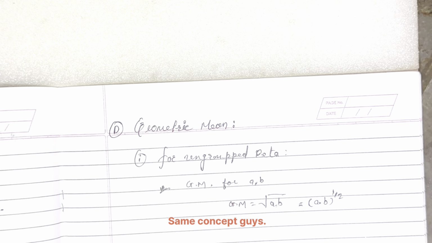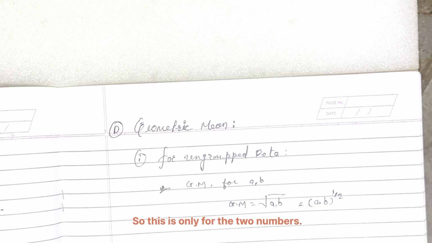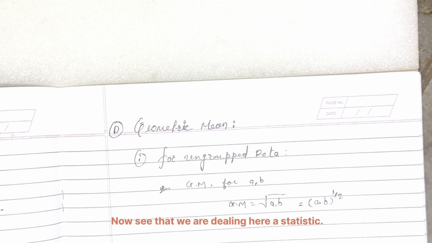The same concept, guys, I'm going to apply here for the geometric mean in our statistics. This is only for two numbers. Instead of two numbers, we have n number of observations. Since we are dealing with statistics, maybe n number of data are present. So in such a case, how can we deal with it?